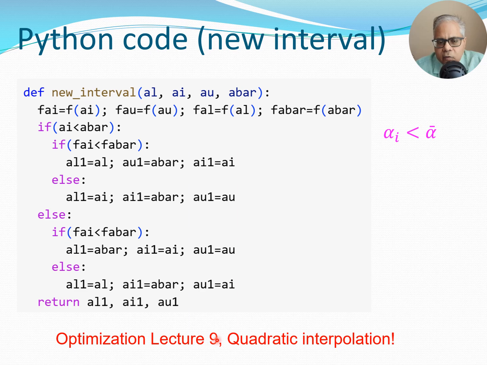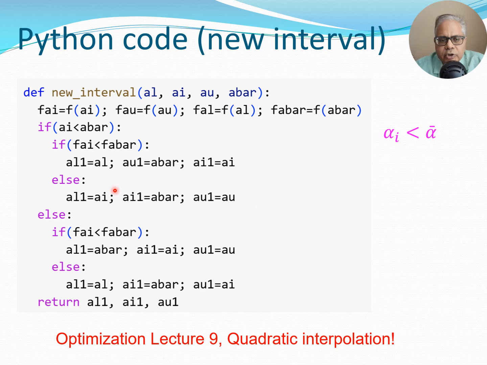Now take a careful look at optimization lecture 9, the quadratic search, to see all these four conditions. In that lecture I have made graphs of all these four conditions to show why your minimum point is then bracketed within these particular situations. So for example, in this case the minimum is getting bracketed between AL, A bar, and AI.